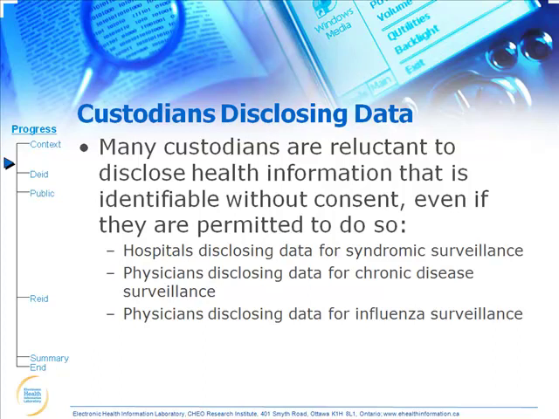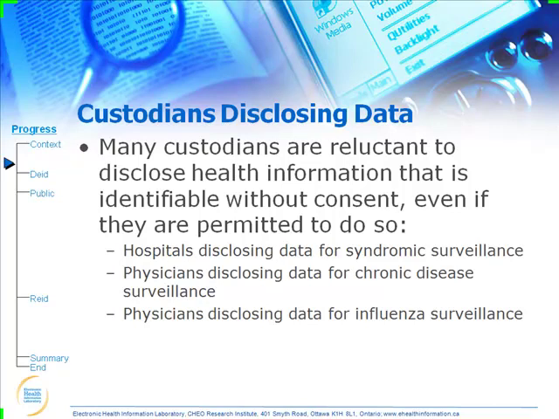But a lot of custodians are reluctant to provide their patients' information for any of these secondary purposes. And I'll give you a few examples. Even when this disclosure is permitted by the privacy laws applicable in that jurisdiction. So one example is a syndromic surveillance system that's actually set up here in Ottawa and that's been working in Ottawa for some time now, where the 4 hospital emergency departments are providing real-time feeds to Ottawa Public Health.